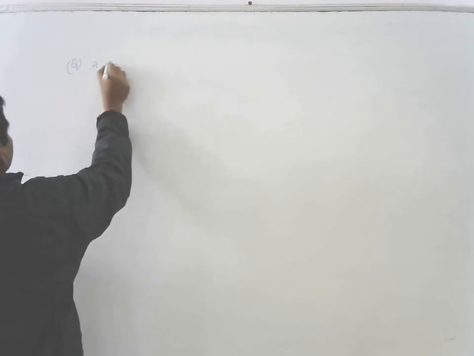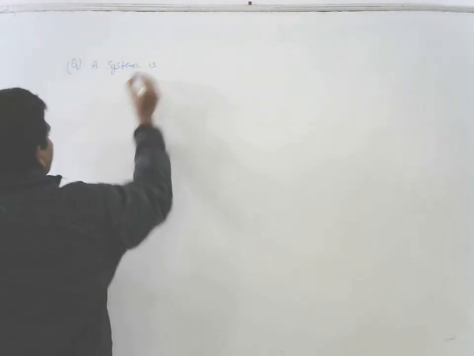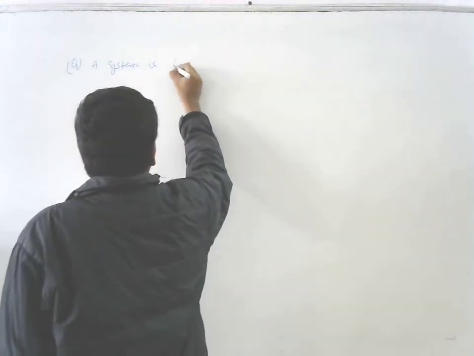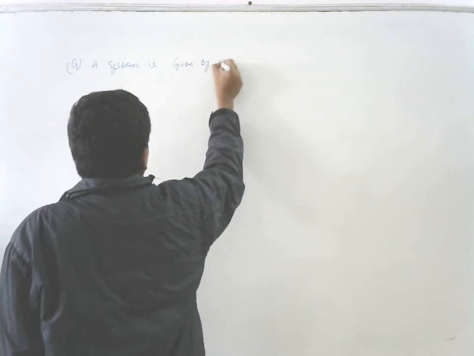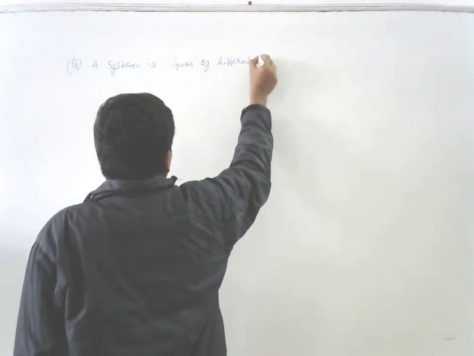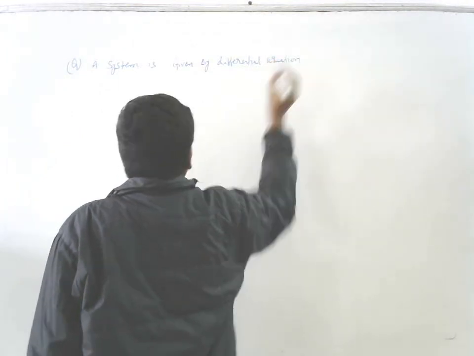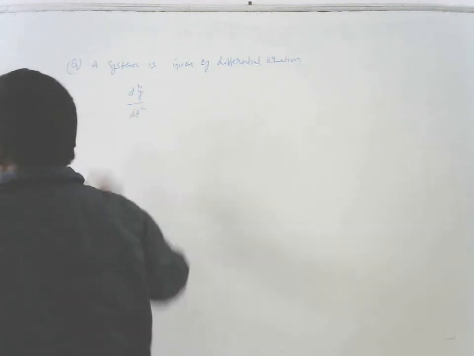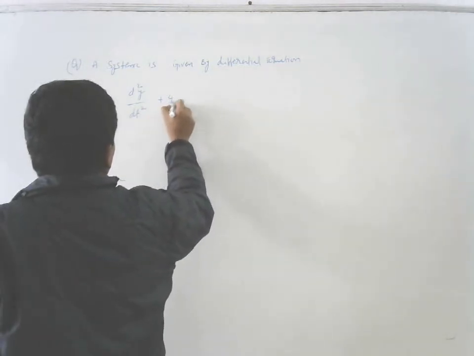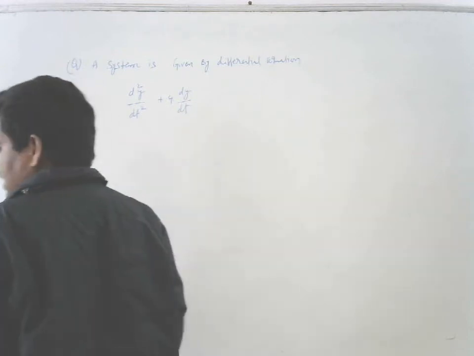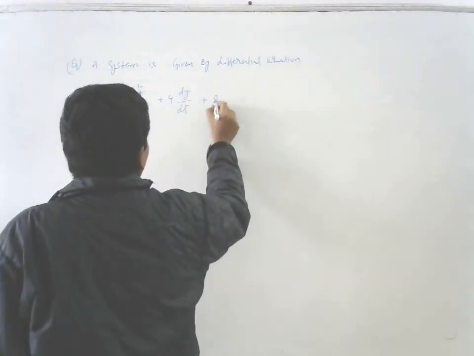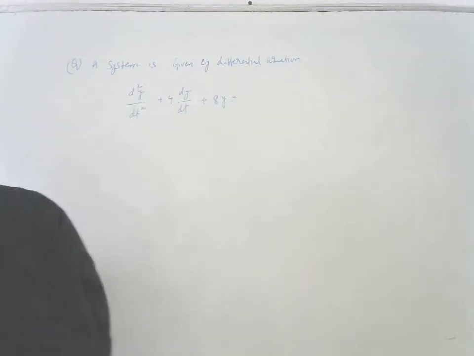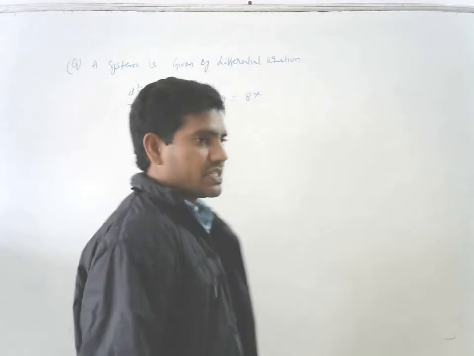The problem: a system is given by the differential equation d square y by dt square plus 4 into dy by dt plus 8y equal to 8x. This is the differential equation given.